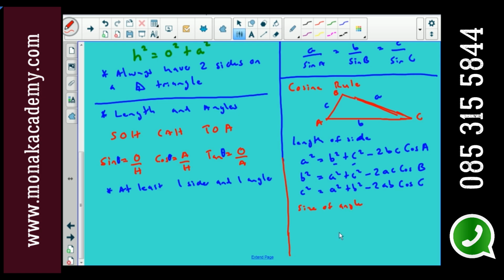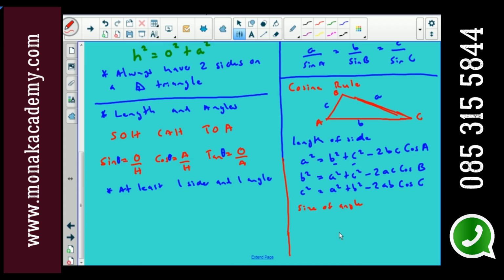And I want you to notice that the size of angle formula simply comes from the length of side formula. We're just now changing subject. You know what we do with change of subject, where we take things that we don't want, we put them on the other side and make x the subject of the formula. So that's what we need to do now here.